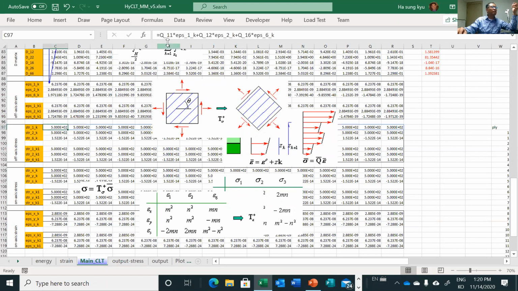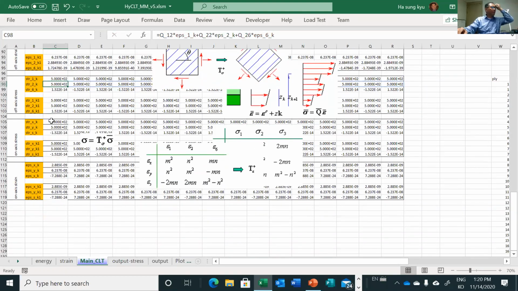So as you can see here, this is the matrix equation. So Q11 epsilon 1, Q12 epsilon 2, and Q16 epsilon 6. That's the first row, for sigma 1 and sigma 2.